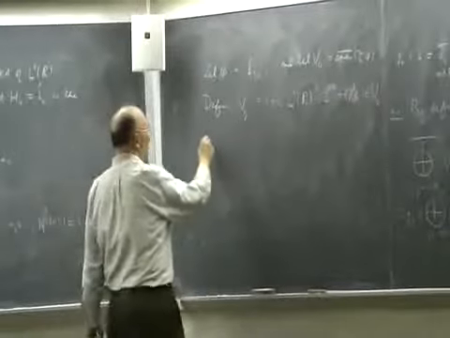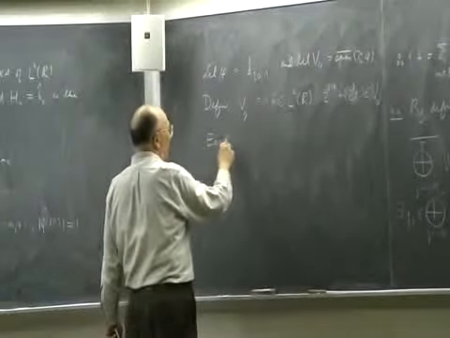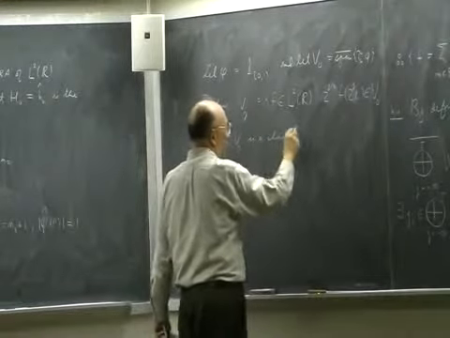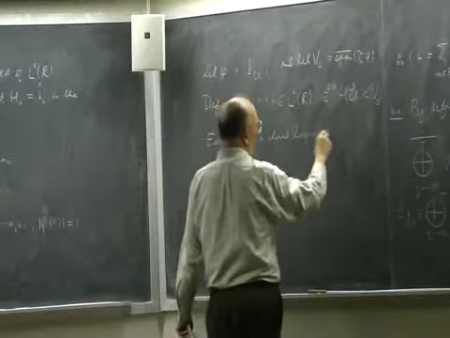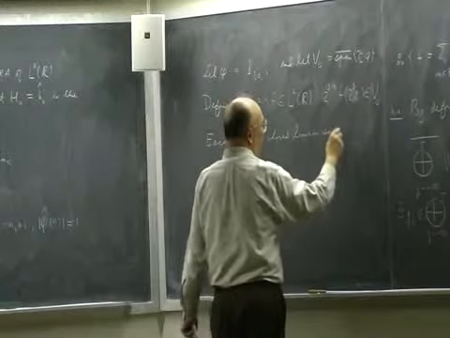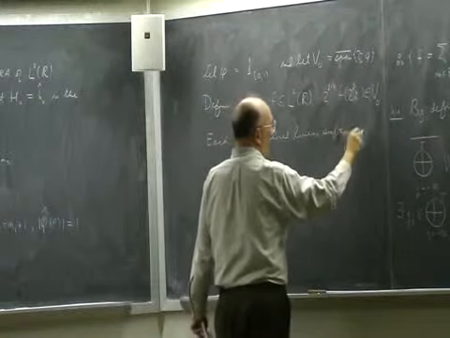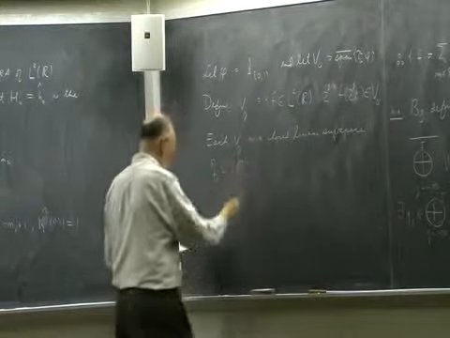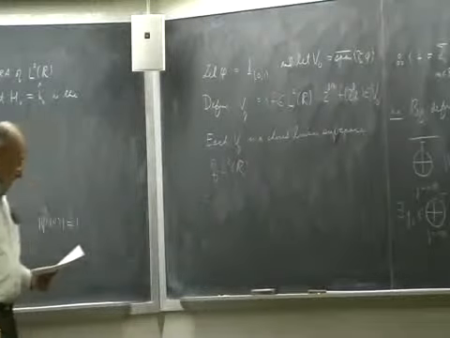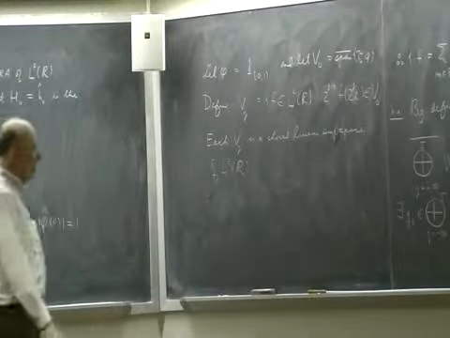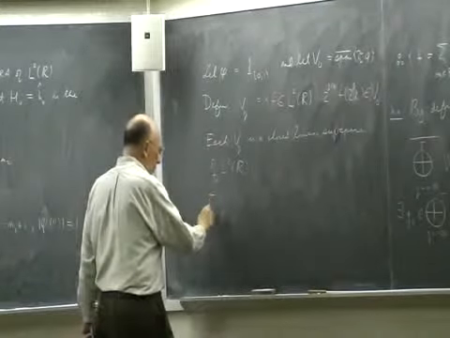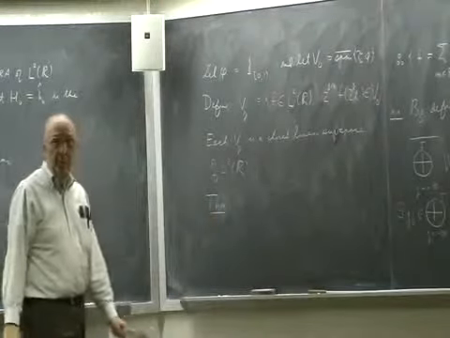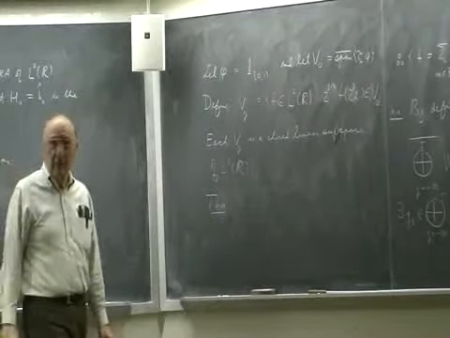Well, each Vj is a closed linear subspace of L2 of R. And theorem, which is not trivial, but it's not as hard as what we did earlier.